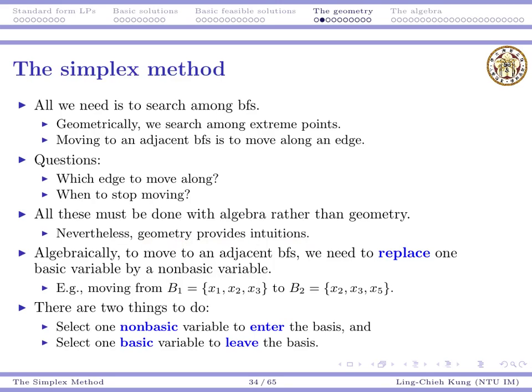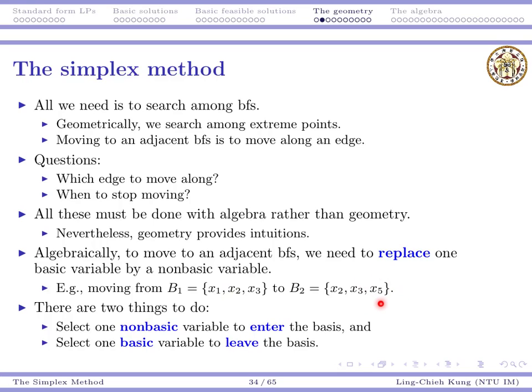So what we need to do in algebra is to replace one basic variable by another one, right? Because we know if two basic feasible solutions are adjacent, then they correspond to adjacent extreme points. For example, if I want to move from one basis to another one, maybe I can choose x1 to be replaced by x5.